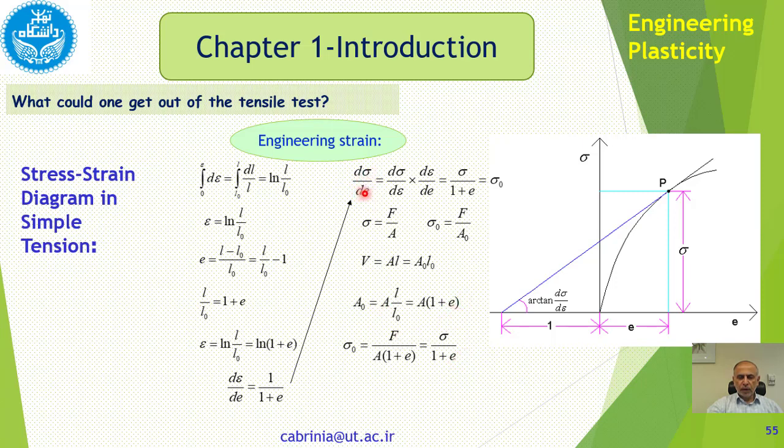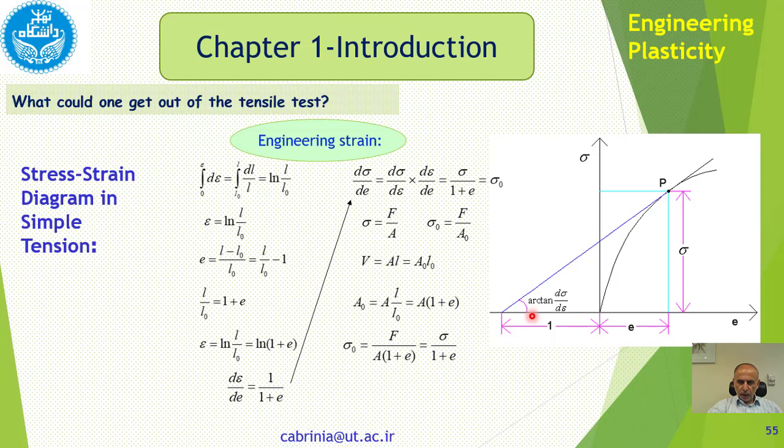Otherwise, d sigma over de is equal to sigma over 1 plus e. That is the instability condition. But here we haven't plotted sigma 0. We have plotted sigma against e. It doesn't matter, because we have a transformation of sigma 0 to sigma. So if d sigma over de, which for instability should be sigma 0, equals that, it means we have reached the instability. So if you put a tangent there, the intercept here should be 1 plus e.